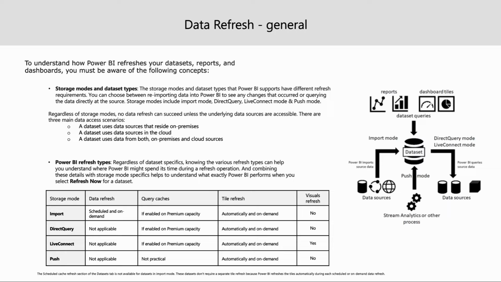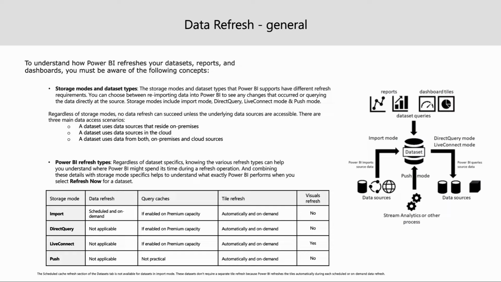Now, there's also other kinds of refreshes. So you have data refresh, query cache, and tile refresh, and then also visual refresh. So query cache is when you have a certain query and the results are remembered by the desktop functionalities, and that way it can easily retrieve the same results should the query be loaded again.